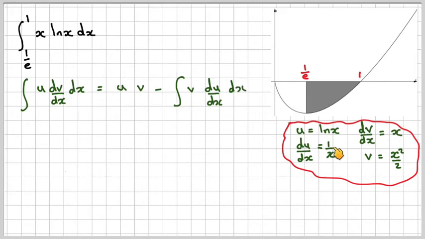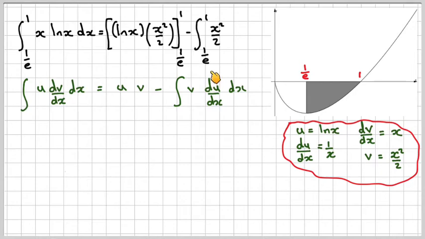So we're going to have ln of x times v, which is x squared over 2, with limits from 1 over e to 1, minus the integral from 1 over e to 1 of v, which is x squared over 2, times du by dx, which is 1 over x, dx.